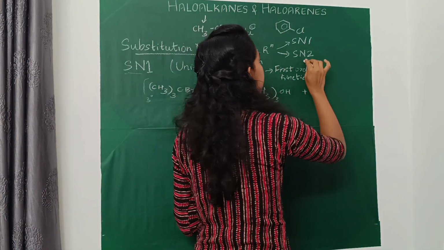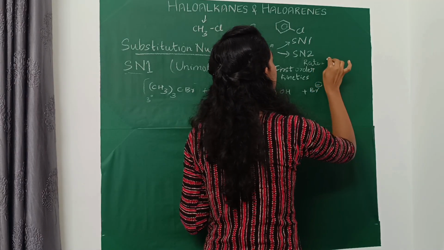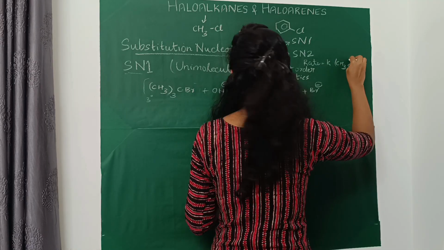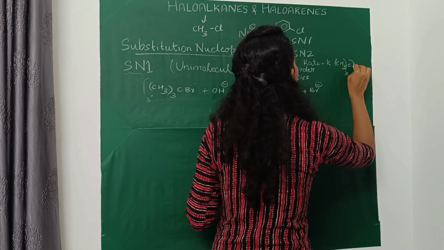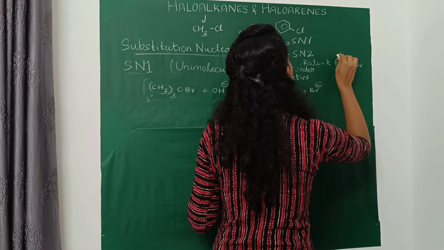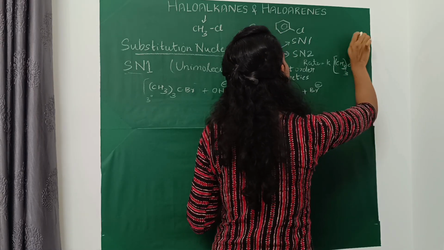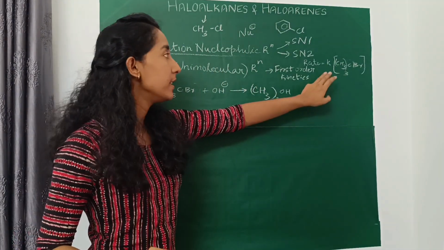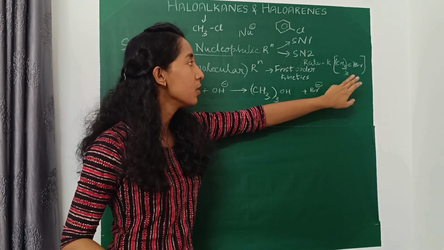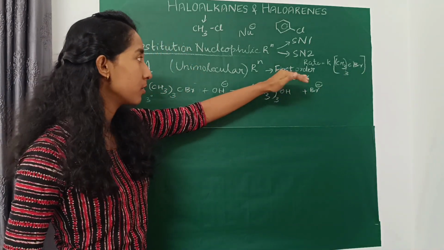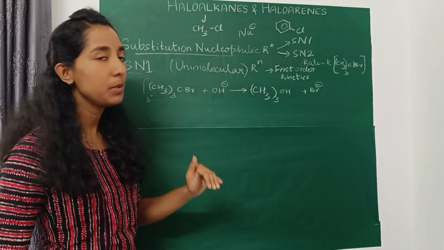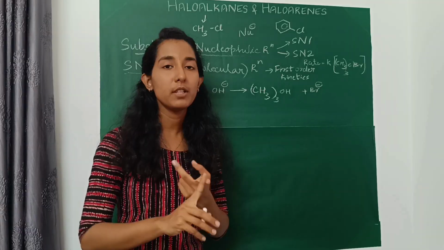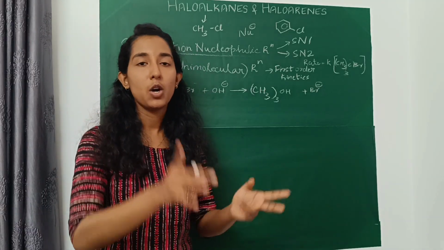You can represent the rate as rate equal to K times the concentration of alkyl halide, where K is the rate constant. This reaction follows two steps. The first step is the formation of a carbocation, and the second is the attack of the nucleophile onto the carbocation.